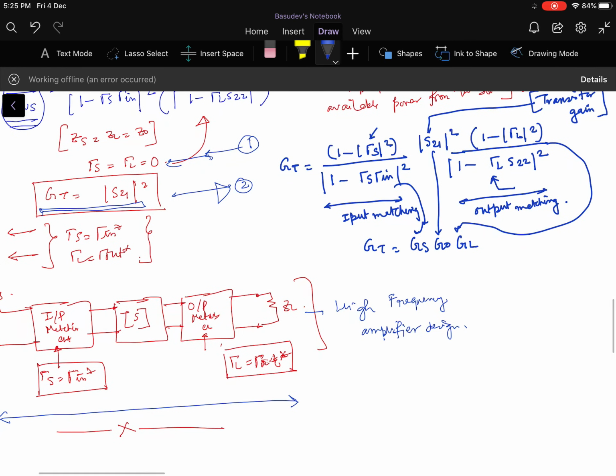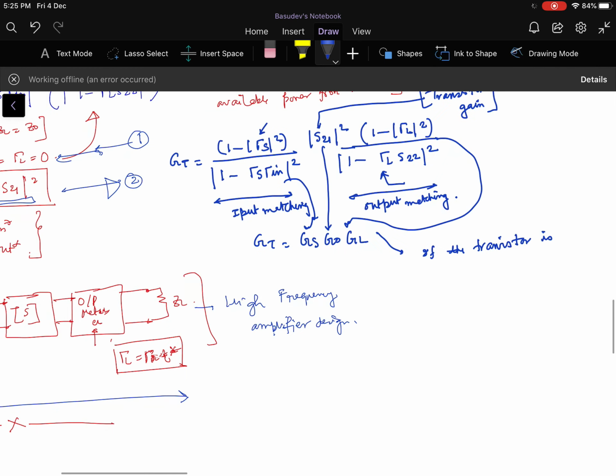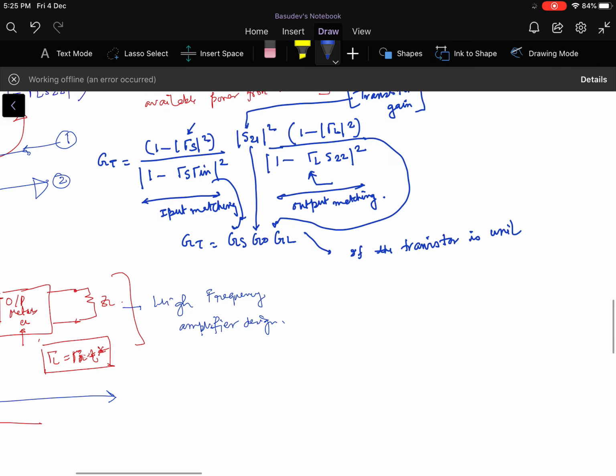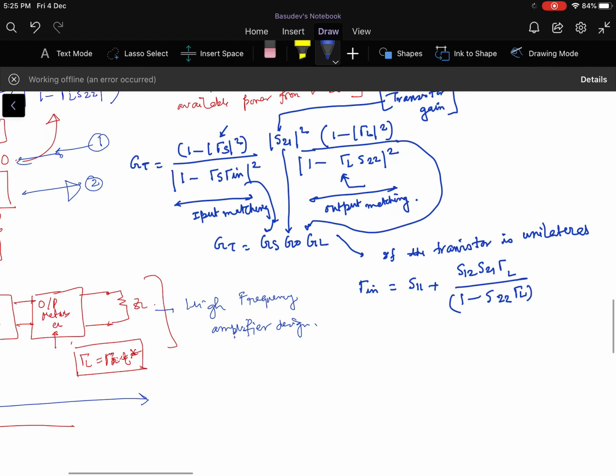Now, let's say the transistor is unilateral. In that case I can write tau in equal to S11 plus S12 S21 tau L divided by 1 minus S22 tau L. If my transistor is unilateral, there is only forward energy propagation.